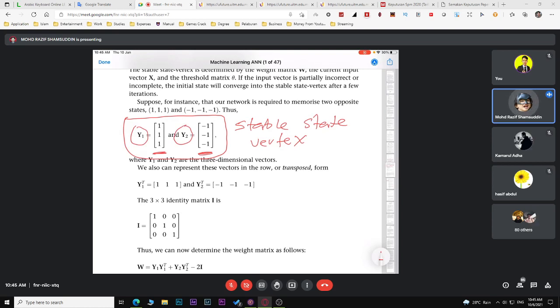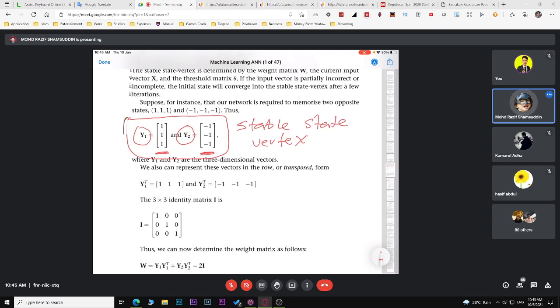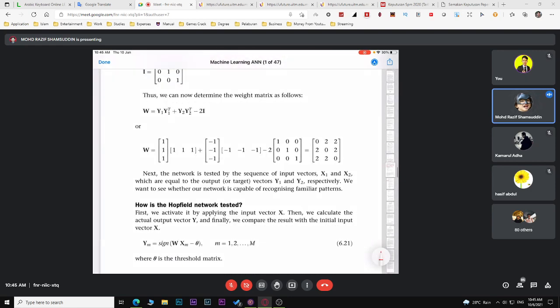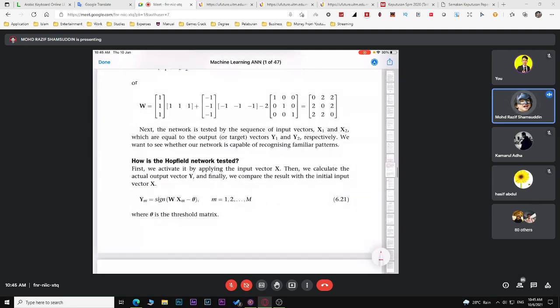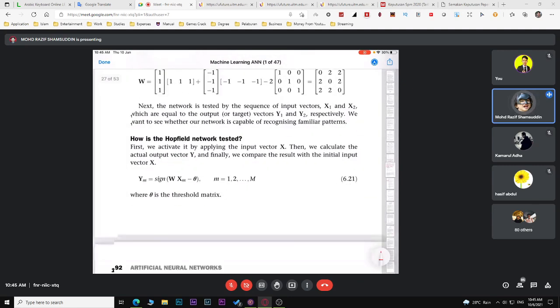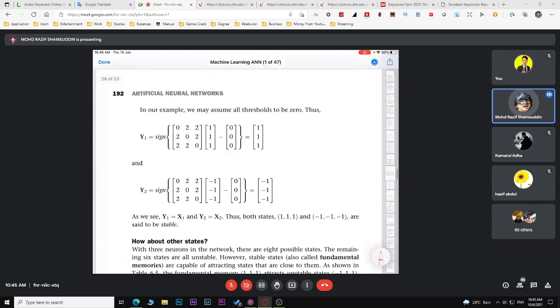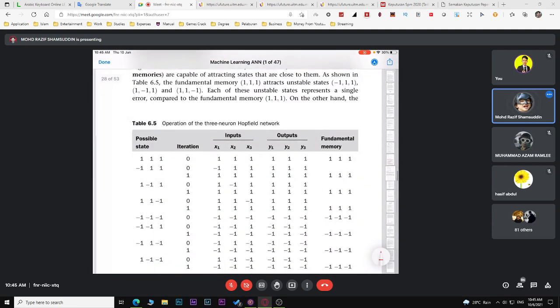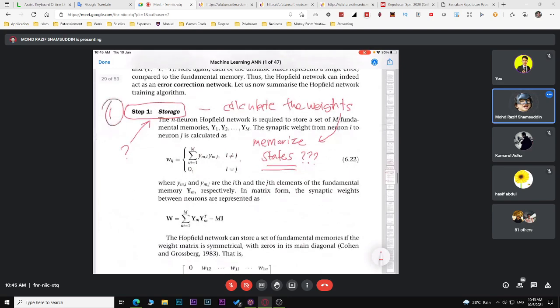Ini contoh je stable state. Stable state boleh jadi macam-macam lah. It can be many different types of stable state. Tapi stable state yang introduce tadi tu ada 2 je, Y1 and Y2. Alright.